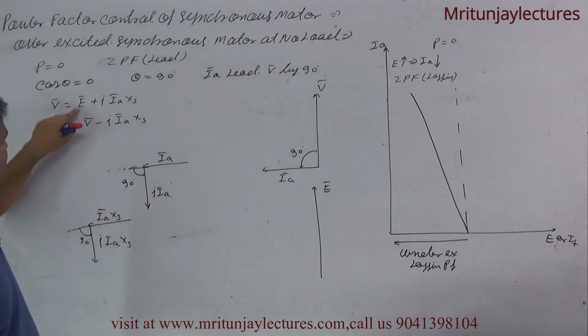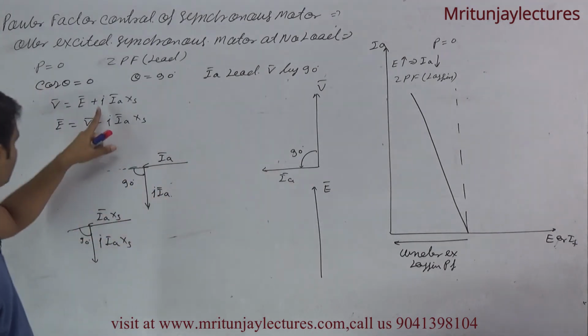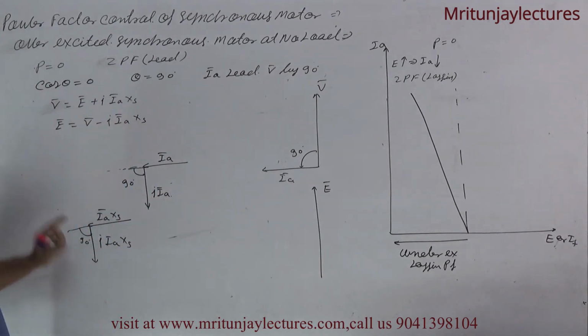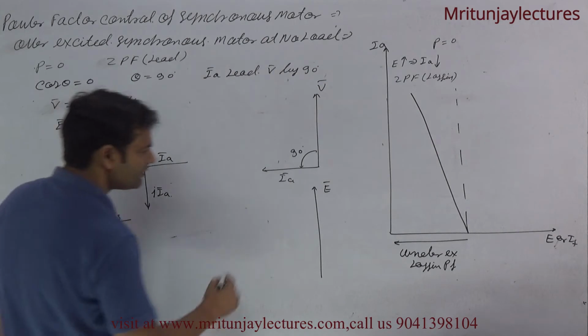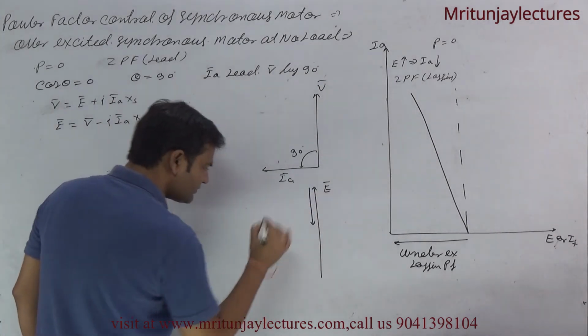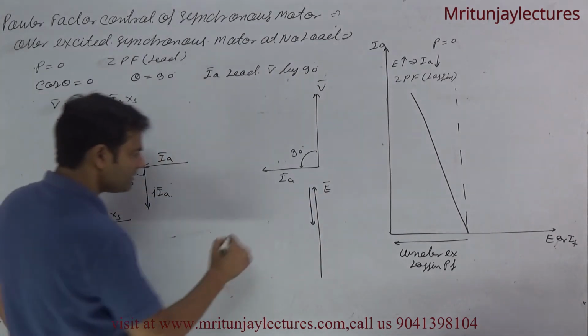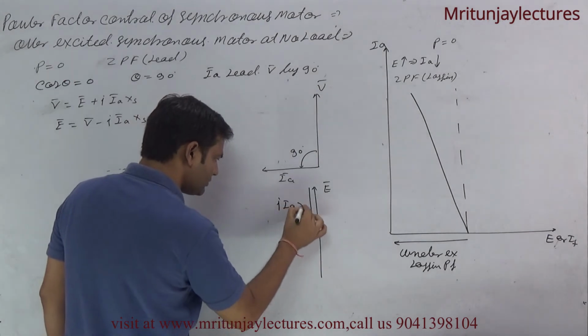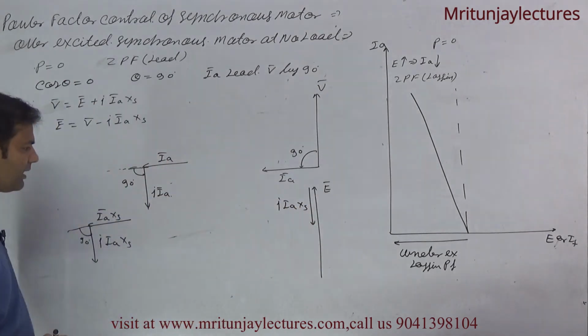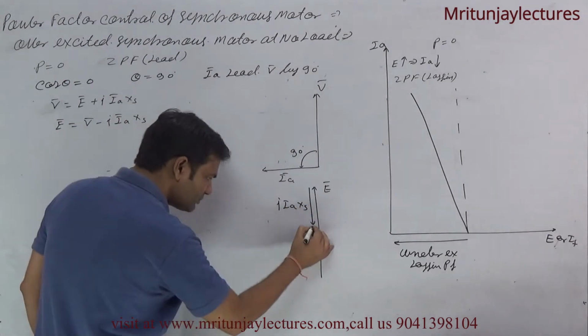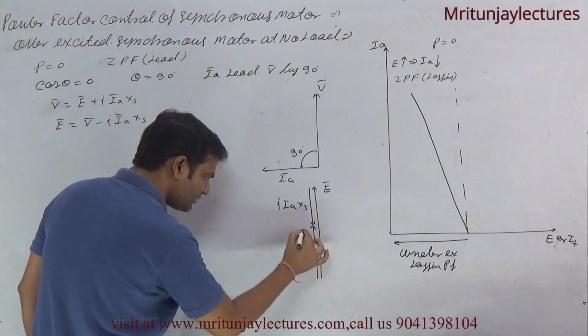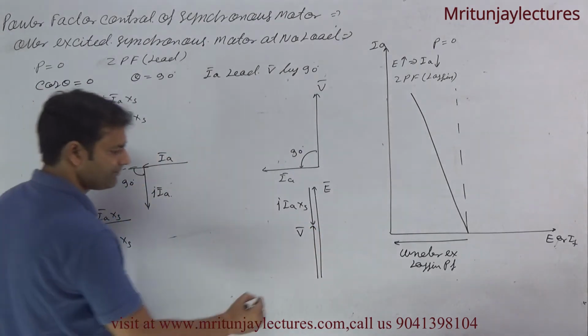So this portion represents J IA into X and this portion represents terminal voltage V. Clear?